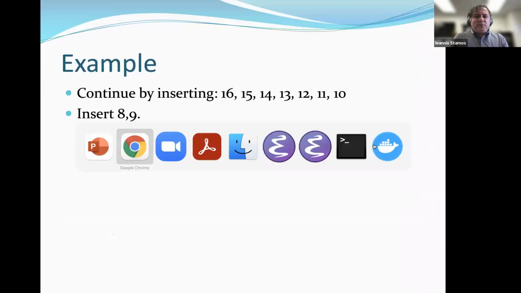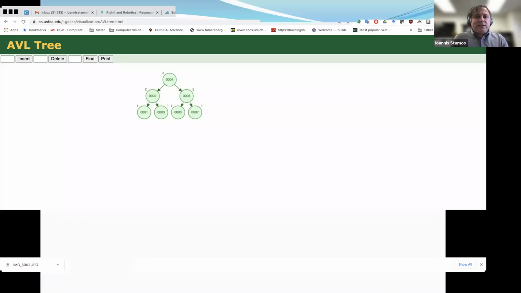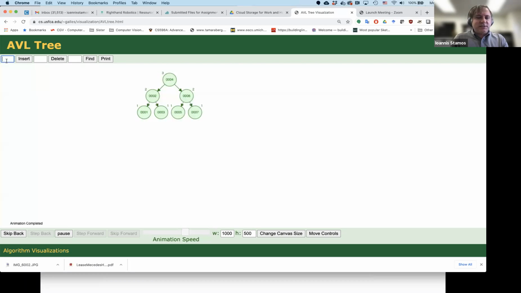So let's see an example of a double rotation. We continue like that with 16, 15. So we insert 16 into that tree. We'll see it happening. So we'll go back. Do we see a violation here? No, right?